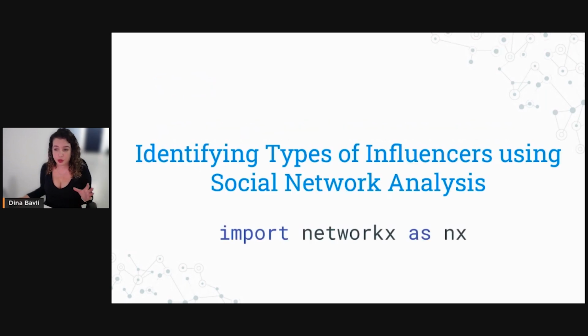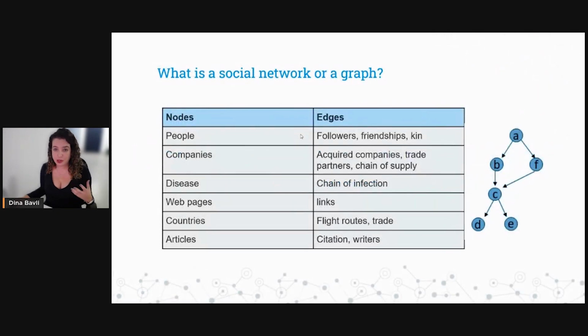When we're talking about identifying types of influencers, we will use social network analysis or graph theory. And if we translate that to Python, a great package to do so is NetworkX. So when we're talking about a social network or graph, we're actually talking about people and followers or friendships and so on.